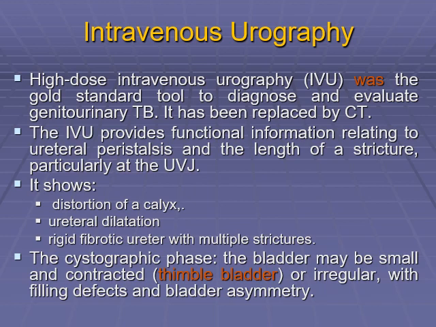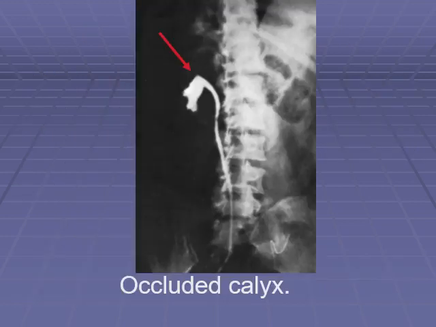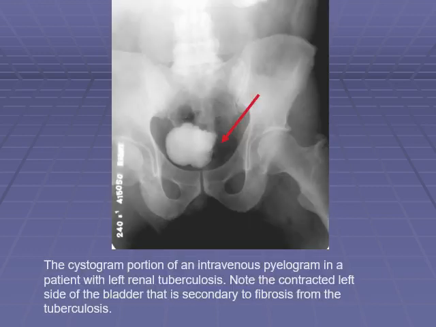This is an IVU which shows occlusion of the upper calyx. It is not present, and here it is not appearing in this site, as this arrow shows no upper calyx. In this arrow, we see the cystogram portion of the intravenous urogram in a patient with left renal tuberculosis.